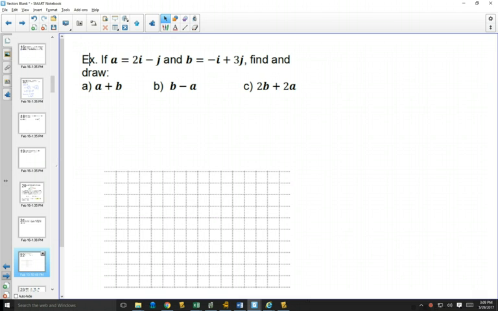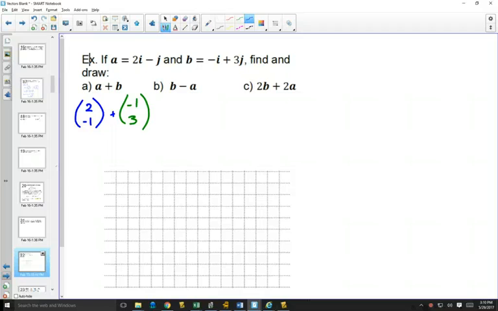So if A is 2, negative 1, and I'll write that out as a column vector, and B is negative 1, 3, maybe I'll write that in a different color. And we draw this on our diagram here. So first of all, since we're doing a lot of work with A's and B's, I am going to draw 2, negative 1.